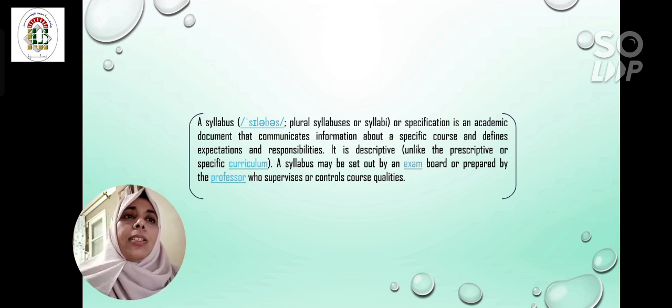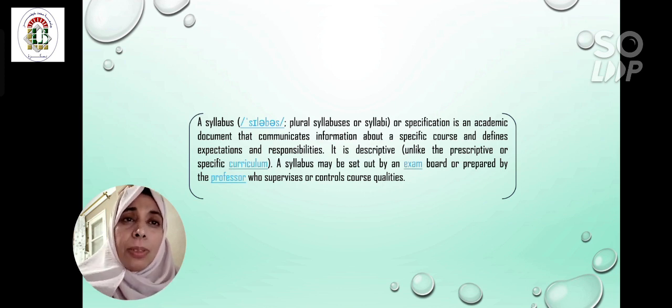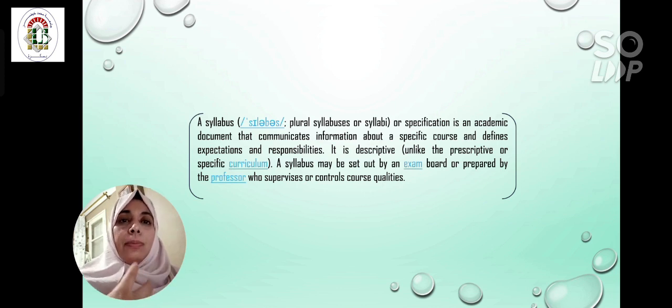It is a specification, an academic document that communicates information about a specific course. There are two elements that communicate through the syllabus. For example, in English language teaching, we have so many courses, such as the course of writing, the course of grammar, etc.